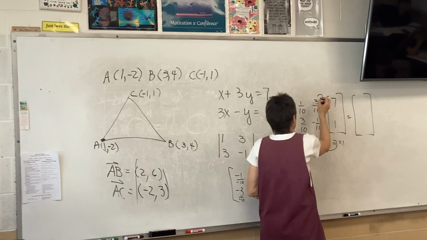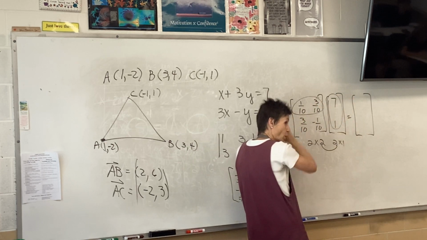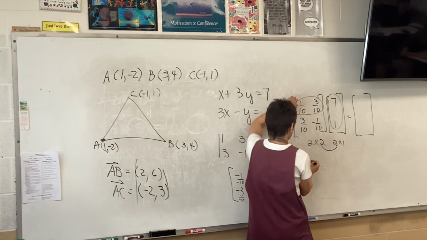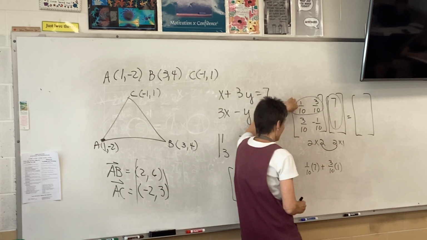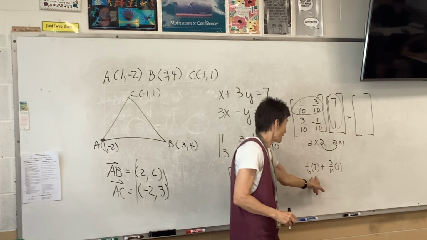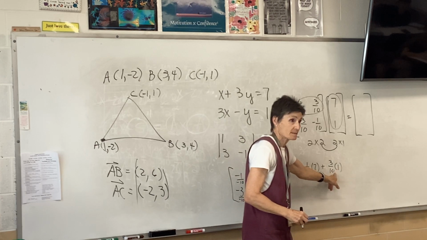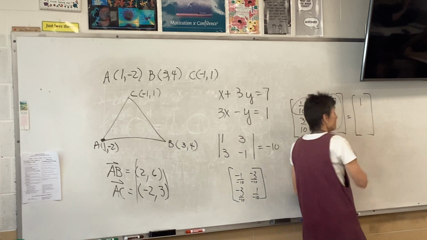So take these numbers times these numbers. Row times column. So 1/10 and 3/10 times 7 and 1. 7/10 plus 3/10 is 10/10, which is 1.